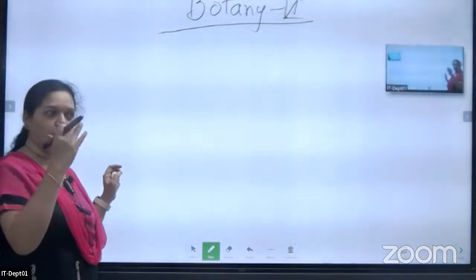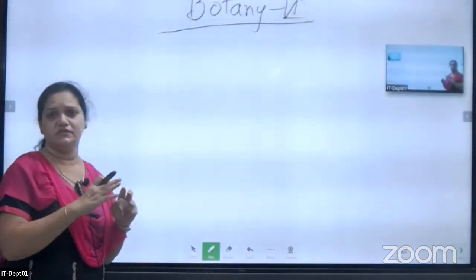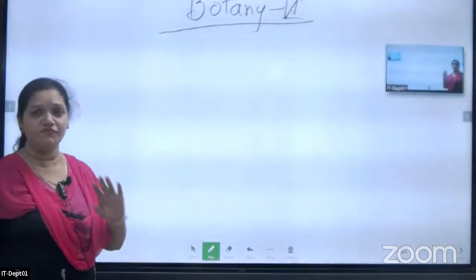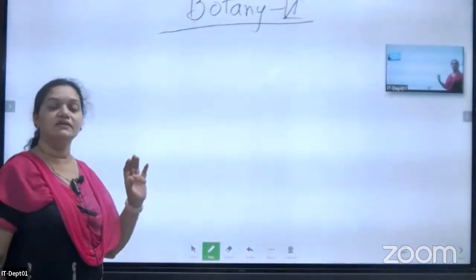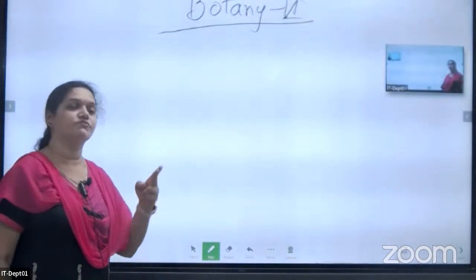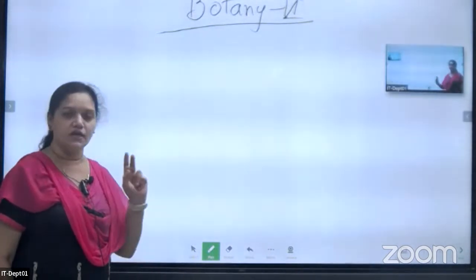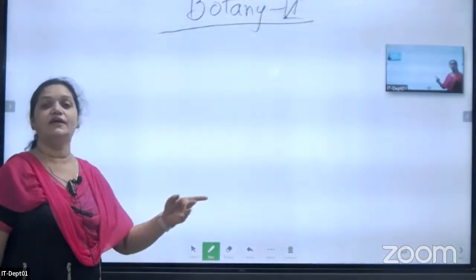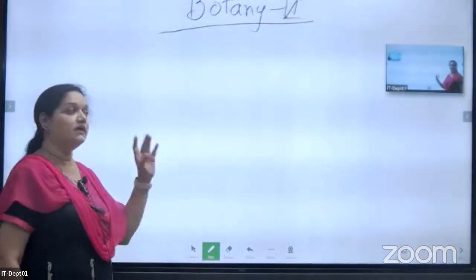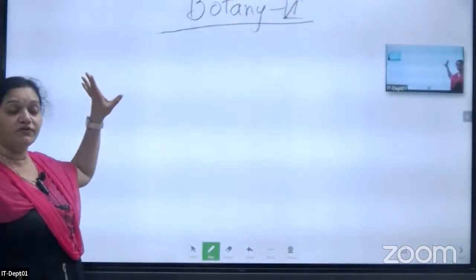If we prepare these 3 chapters perfectly, then we can easily write 2 LAQs. If not, 1.5 LAQ also you can write very easily. That much we can easily score.